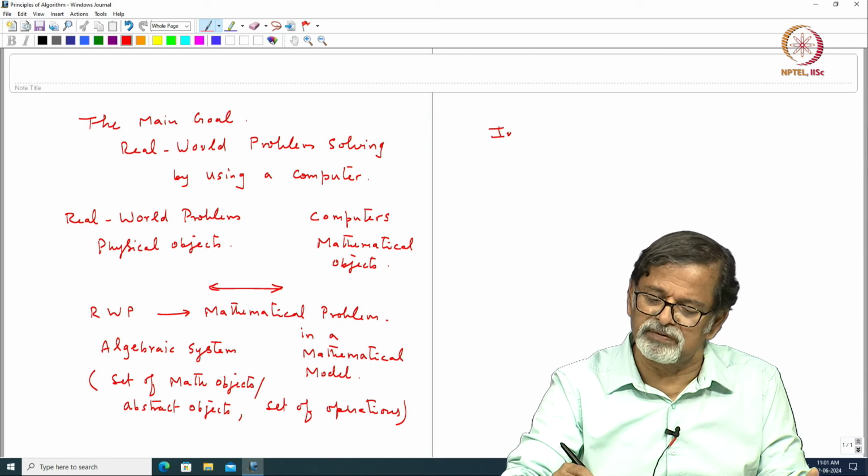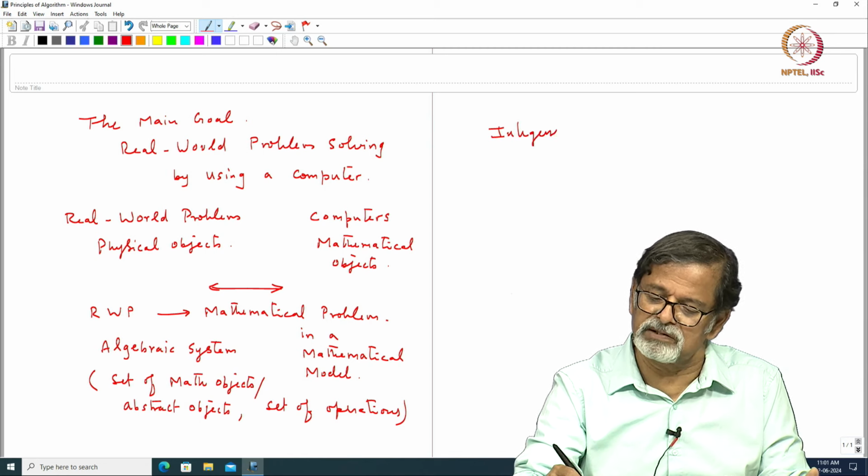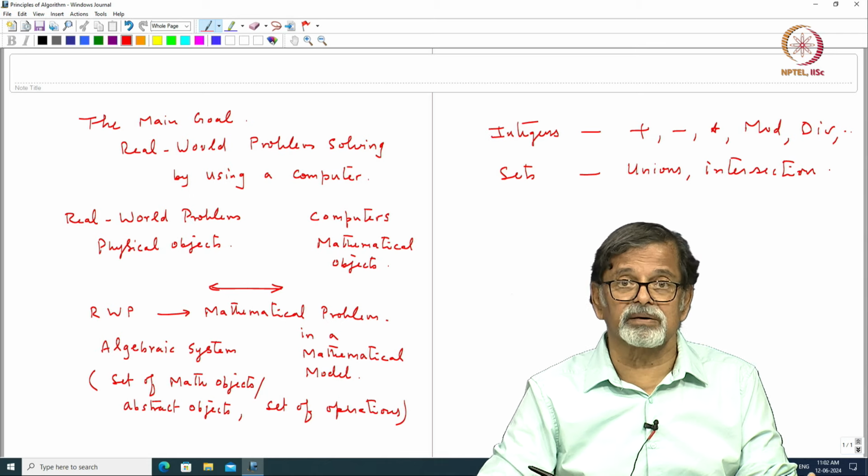For example, if you take integers, you do plus, minus, star, mod, div, several operations. If you consider sets, you do union, intersection, and so on.